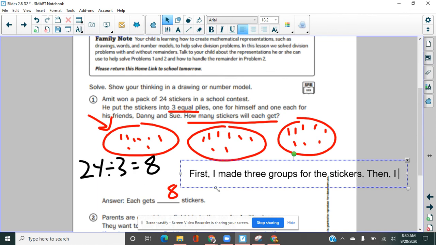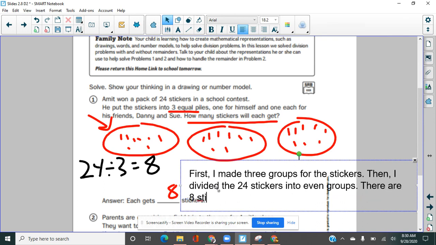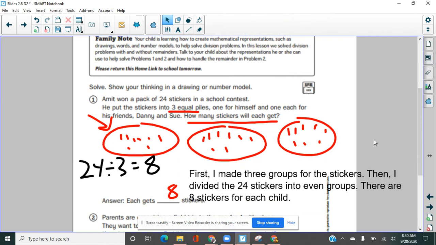Then I divided the 24 stickers into even groups. There are 8 stickers for each child. All right, let's pause here for a second for you to write that down too.